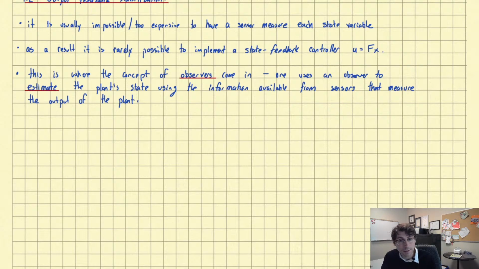Okay? And that's what we're going to deal with in this section, right? So we don't have sensors for all the states, we just have a sensor for the output of the plant.